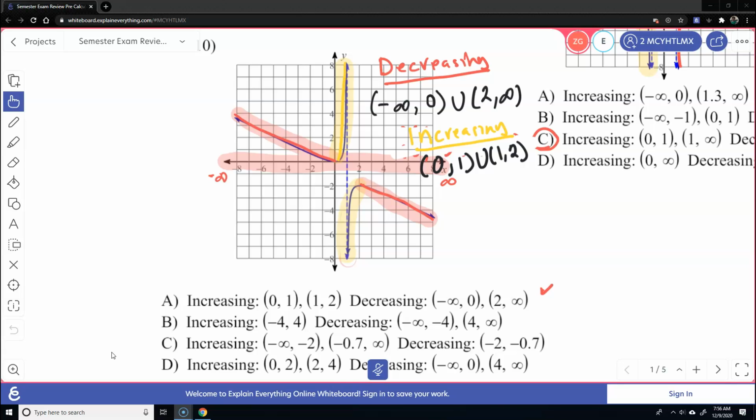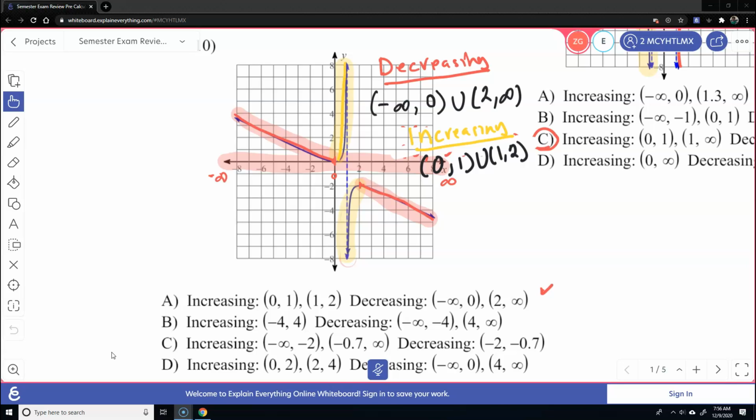At some point, it stops decreasing. That point is not included in the conversation of increasing and decreasing. It's just a point where it stops decreasing. For example, from negative infinity up to 0, not including 0, this function is decreasing.